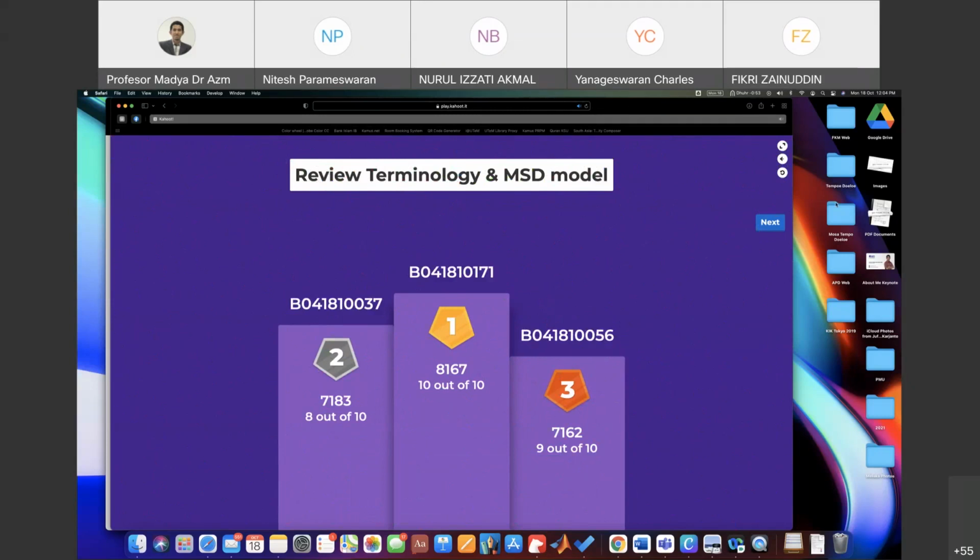Awak nombor 1. Nombor 2? Saya. Oh, awak tadi sempat juara 1 kan? Bagi tepukan sama Fikri. 56 siapa? Saya. Oke, Tania. Alright, so ini kita untuk fun-fun aja ya. But at the same time is to know your understanding. Alright.